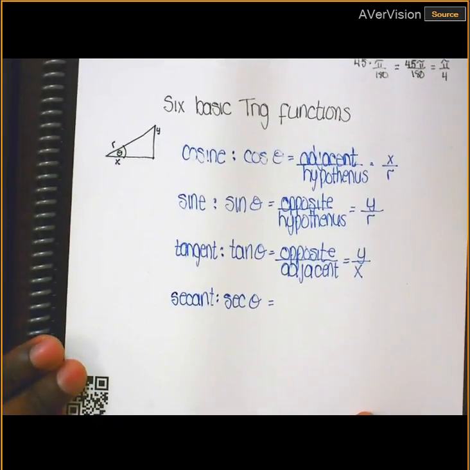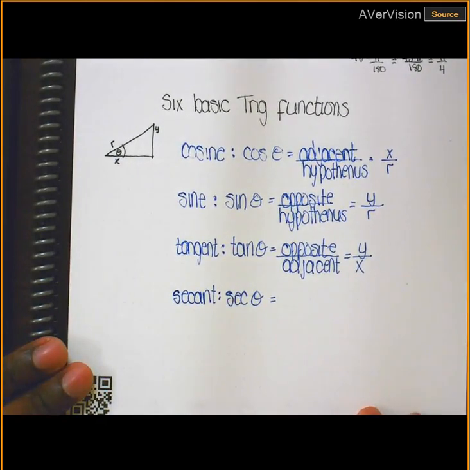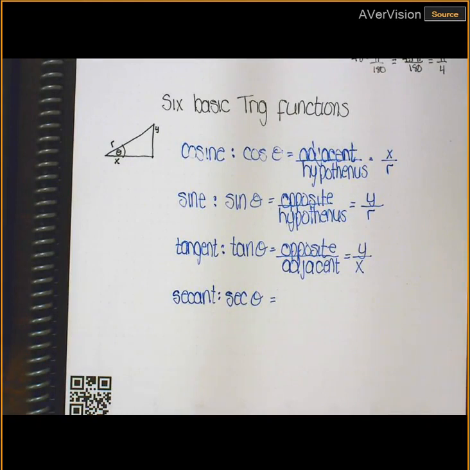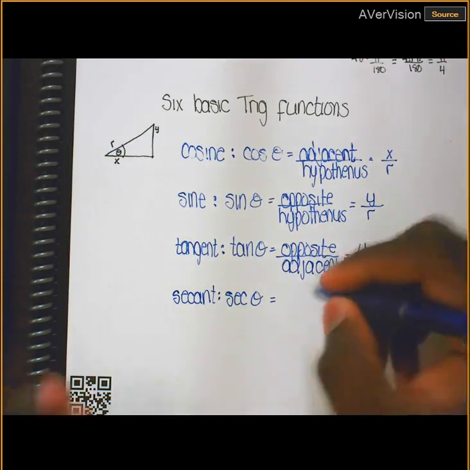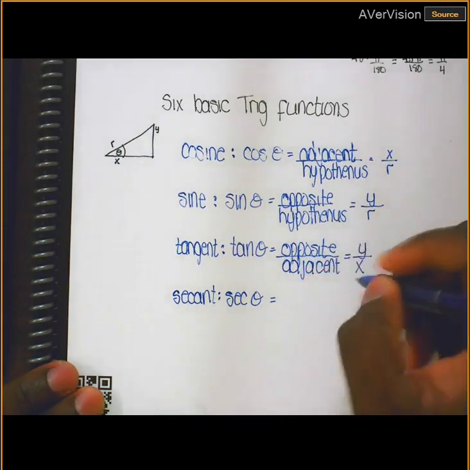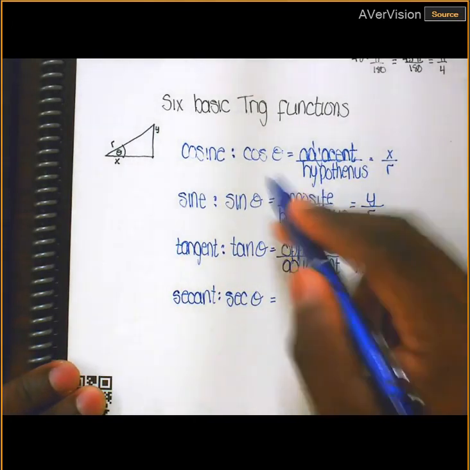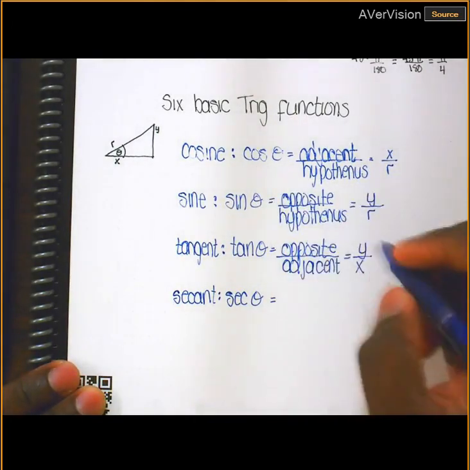Do you remember what secant was? Secant is the reciprocal of cosine. So what would the reciprocal of cosine be?